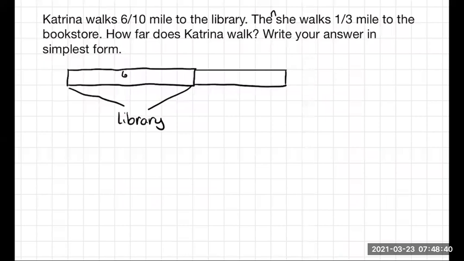We know that this one is 6/10 and this one is 1/3. So looking at our tape diagram, we know we're going to add these two fractions together.